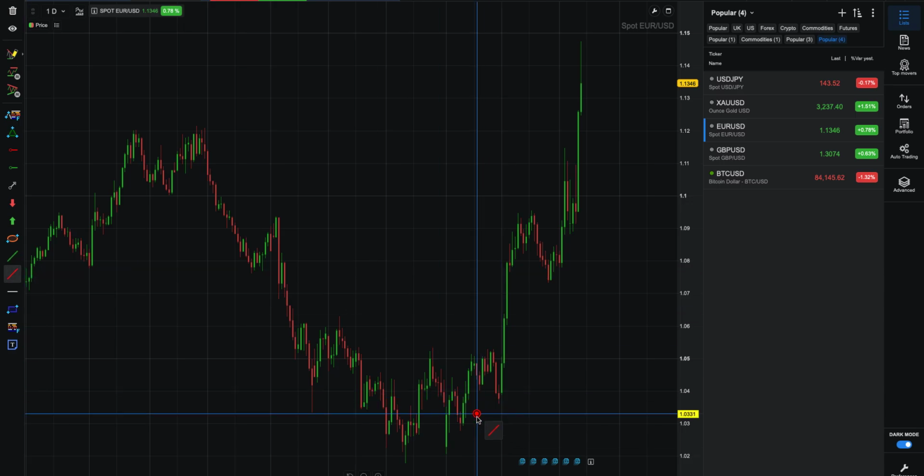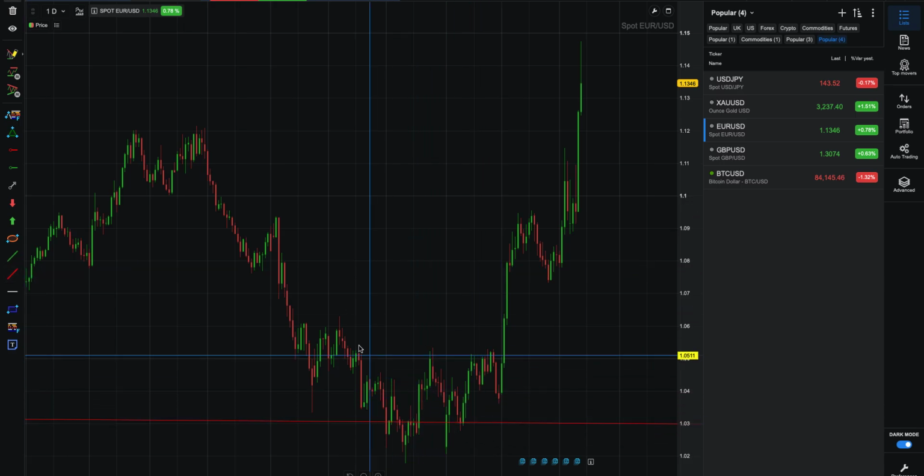From our daily charts, what we need to do is identify our usual way of doing our analysis: marking the key levels. You need to mark the key levels.